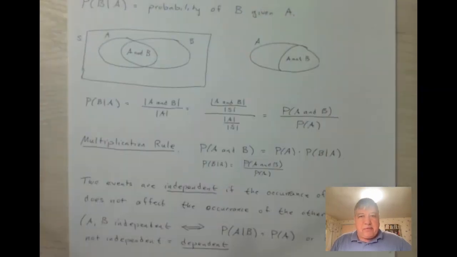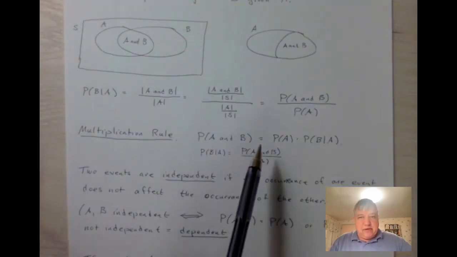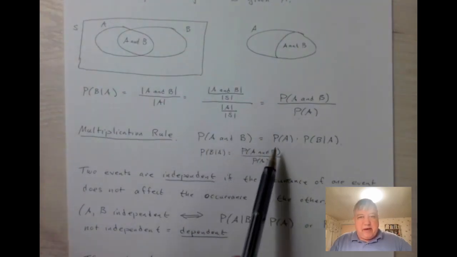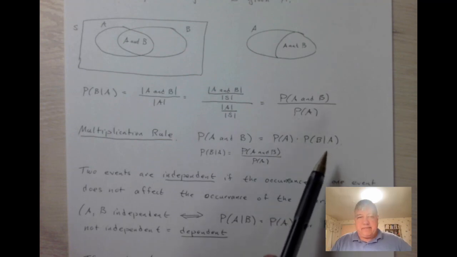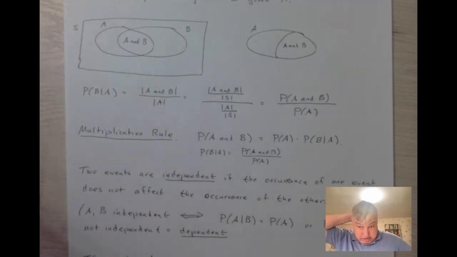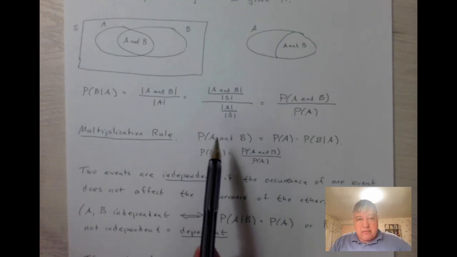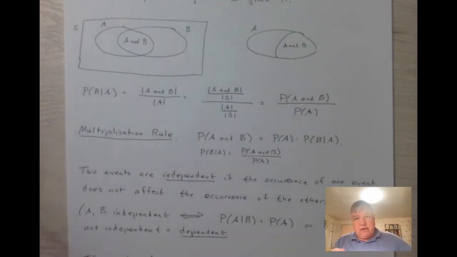And if we multiply both sides by the probability of A, we get this equation. The probability of A and B is equal to the probability of A times the probability of B given A. So this is called the multiplication rule, or the multiplication principle. These two equations basically say the same thing.